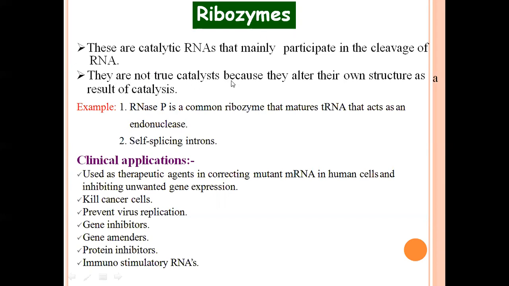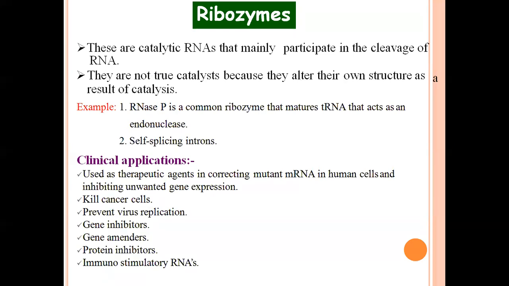They are not true catalysts because they alter their own structure as a result of catalysis. They alter whenever required as per the termination codon, start codon, untranslated region, protein coding region.